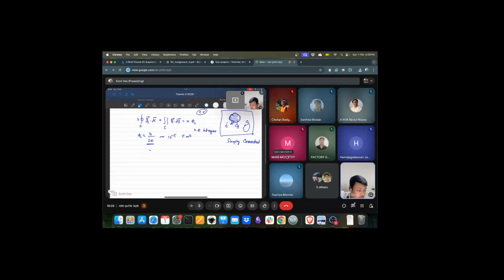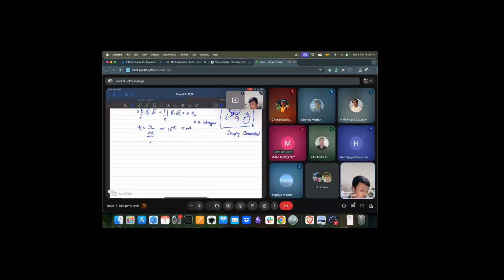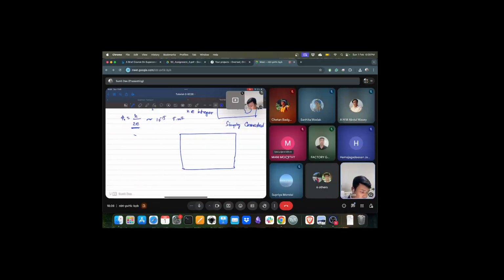Now, what happens for a multiply connected superconductor is that, suppose you have a bulk superconducting material, and then somewhere here, let me draw it. So this is the normal region, and this is the superconducting region.